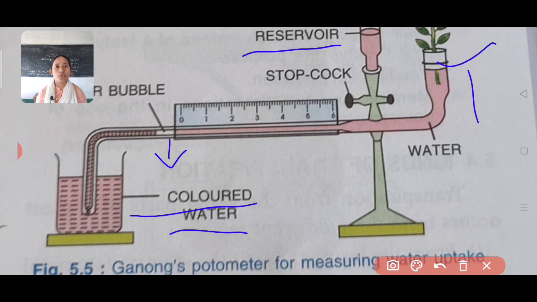For Ganong's photometer, you should be able to reason out why an air bubble is being introduced, why you have colored water and not colorless water, what is the use of the reservoir, and what are the limitations, the disadvantages, of using this Ganong's photometer. Other photometers that we have discussed, like Darwin's, you just need to know the name and the brief principle.